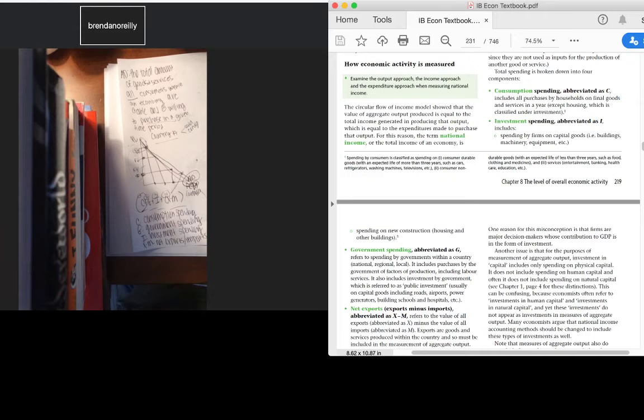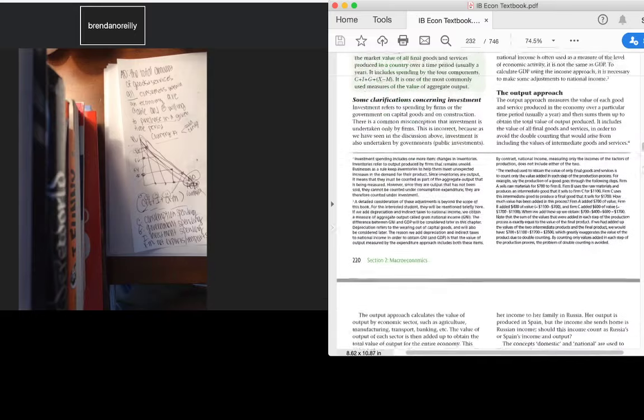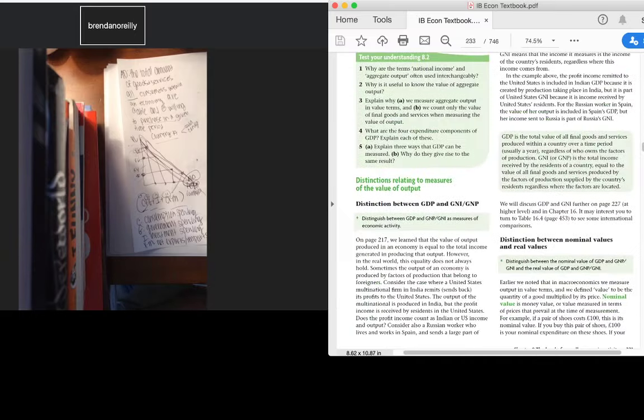And imports are what we buy from other countries and get imported to our nation. So that's the four components of the aggregate demand curve. And that's only one component of the ADAS model, but we'll go into the supply curve soon.